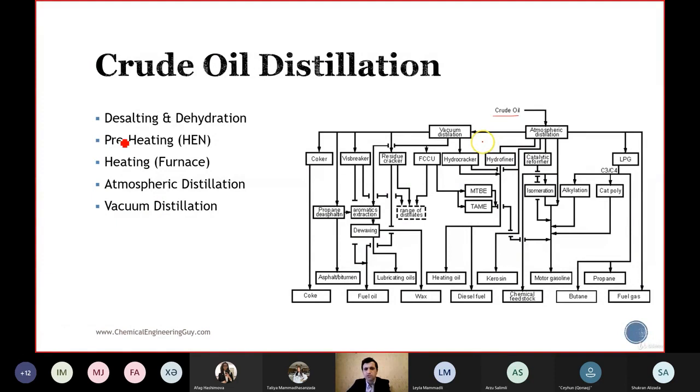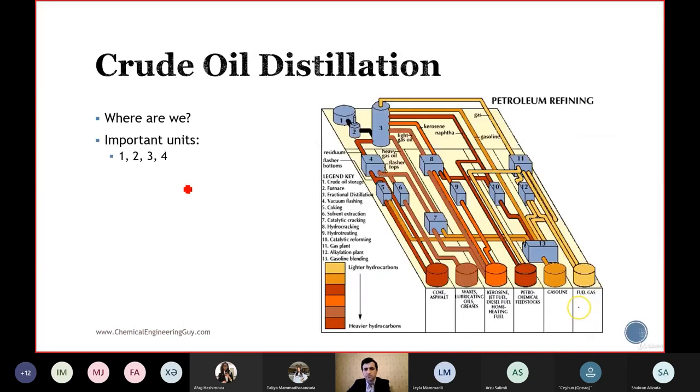Crude oil storage. We have crude oil storage here. It is sent to the furnace. This is the furnace. 2. It is sent to CDU. That's the atmospheric distillation unit, ADU, I will write like that. And then fractional distillation. Then vacuum flashing. These are your products. These are sent to different units.